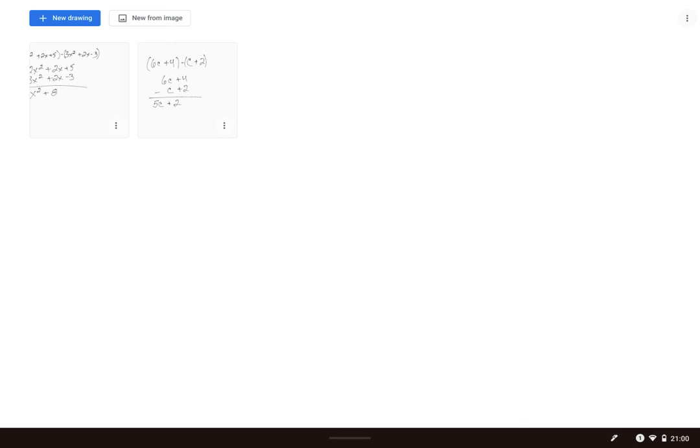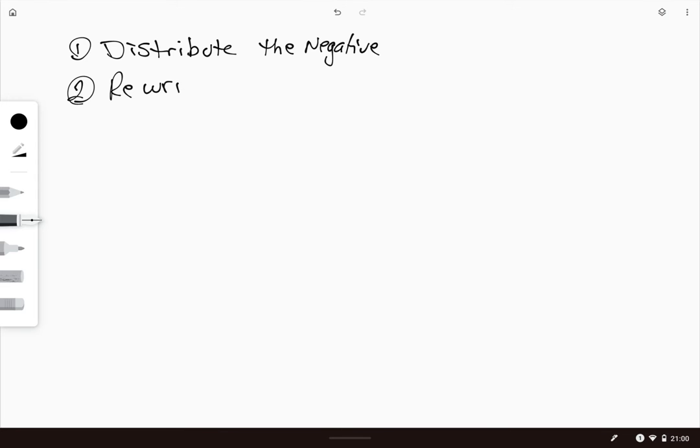Okay? The other way that you can solve this is following two steps. The first one would be to distribute the negative and rewrite the problem as addition. Okay?